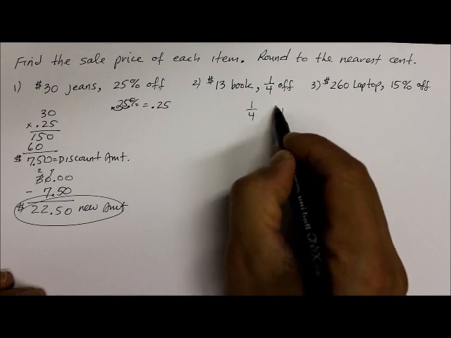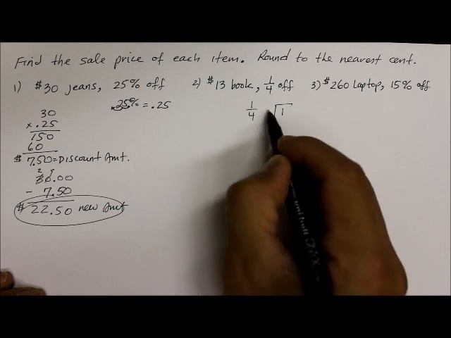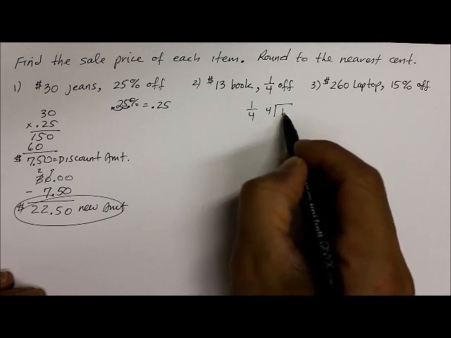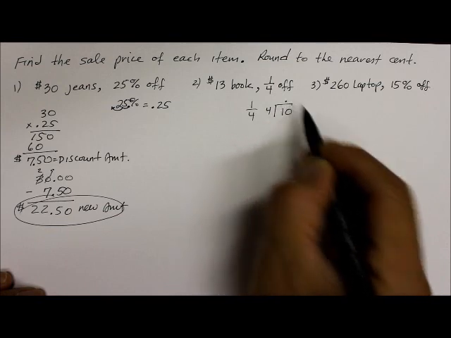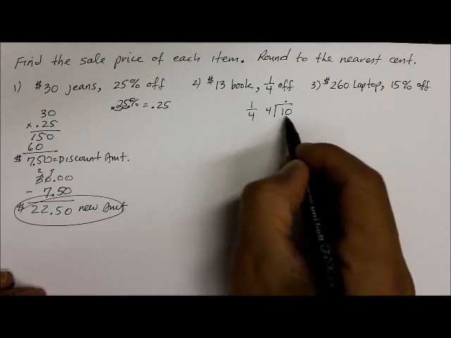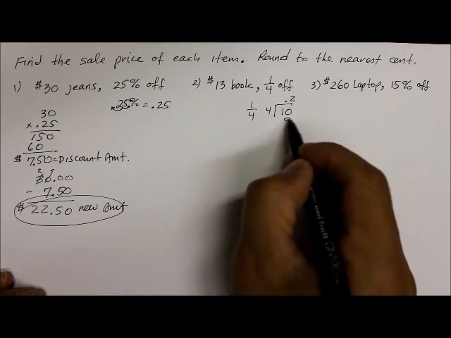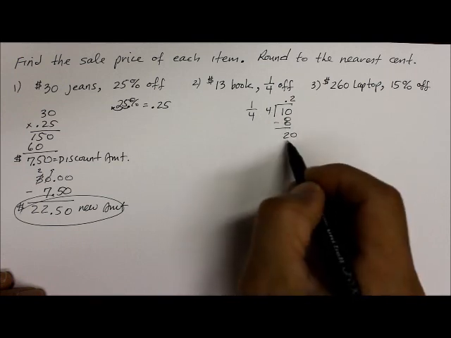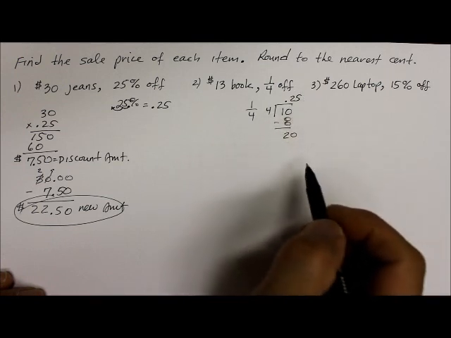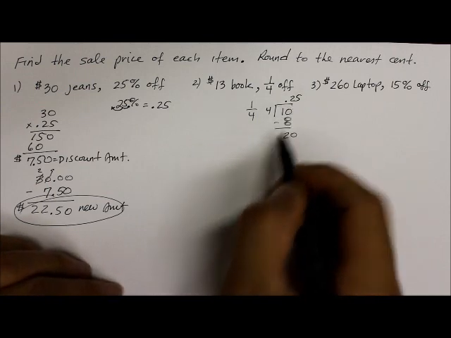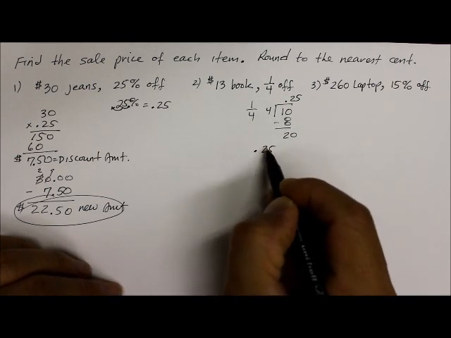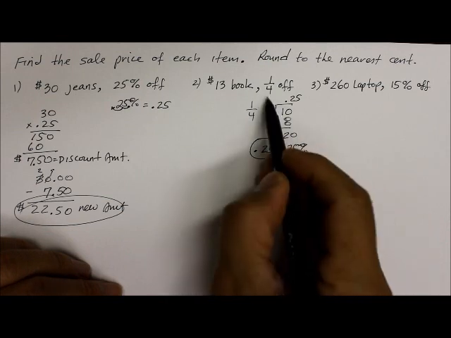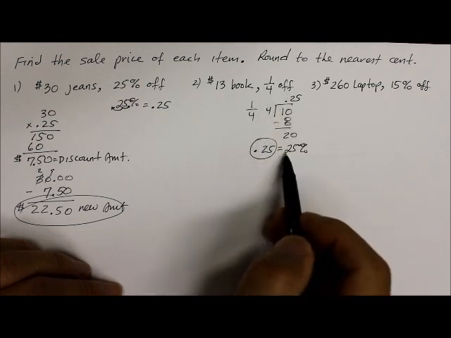The 1 becomes the dividend and the bottom number becomes the divisor. So 4 goes into 1? No. So put a 0 and a decimal on top. 4 goes into 10? 2 times without going over. What remains is 2. Bring down the 0. 4 goes into 20? 5 times. So in fact, 0.25, we'll keep that, but that's actually 25%. So 1/4 off is 25% off.